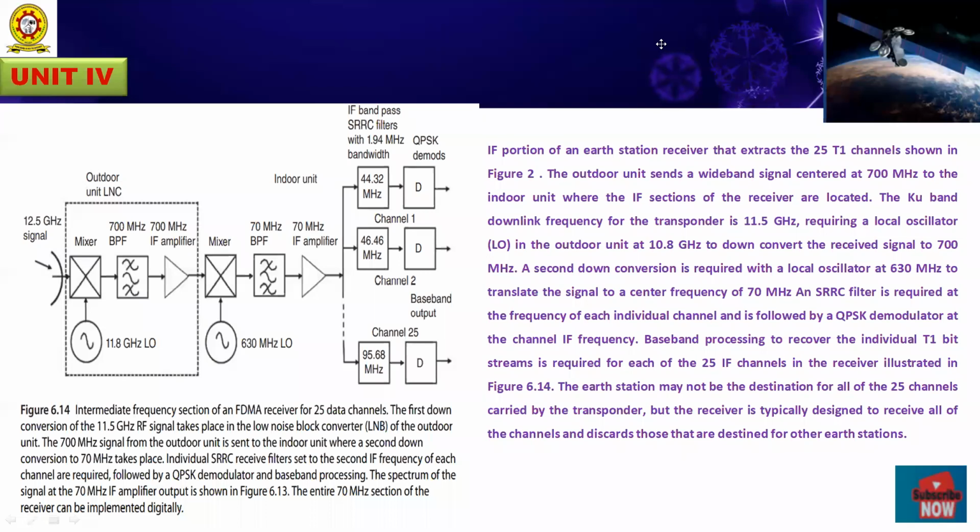Why? Because the earth station may not be the destination for all 25 channels that are carried by the transponder. But the receiver side is typically designed to receive all the channels which are operated to the particular earth station.